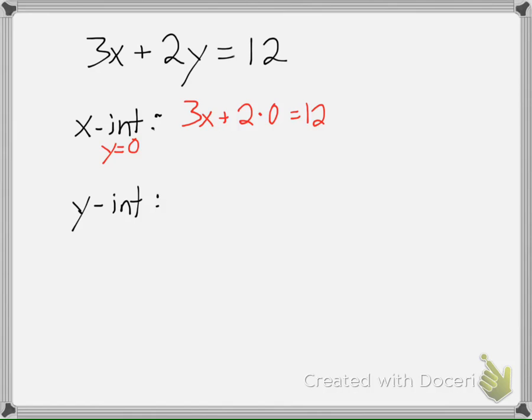So basically I just have 3x equals 12. And if 3x equals 12, then what does x equal? 4, right? All you have to do is divide by 3, and you get the x-intercept is 4.